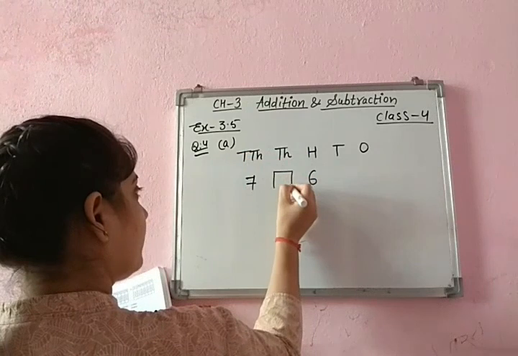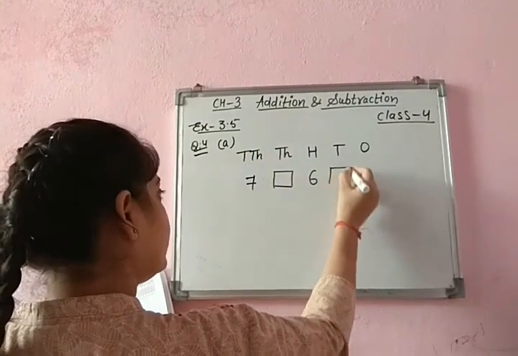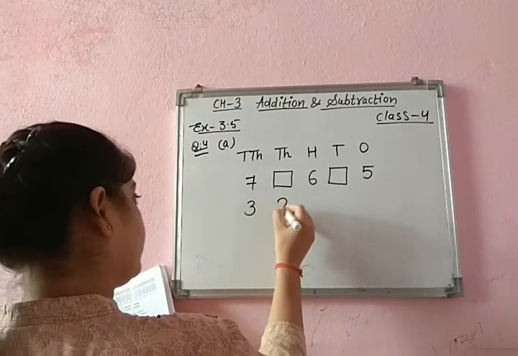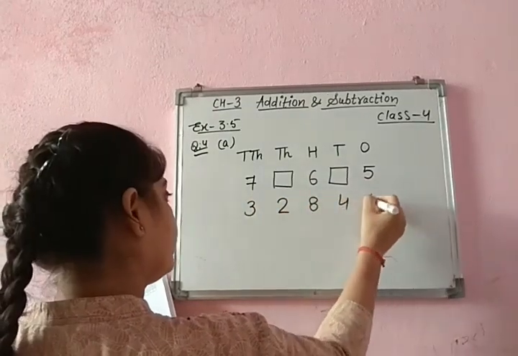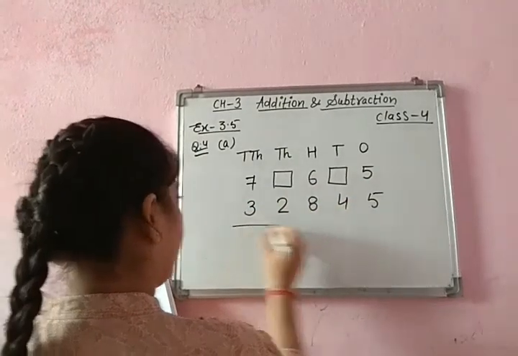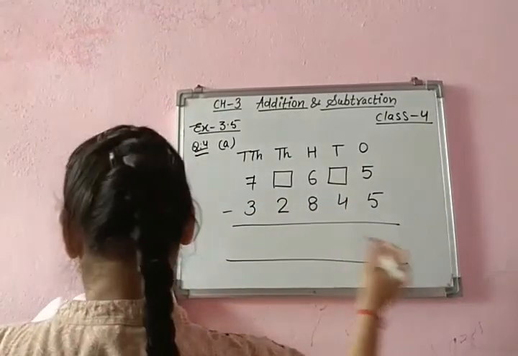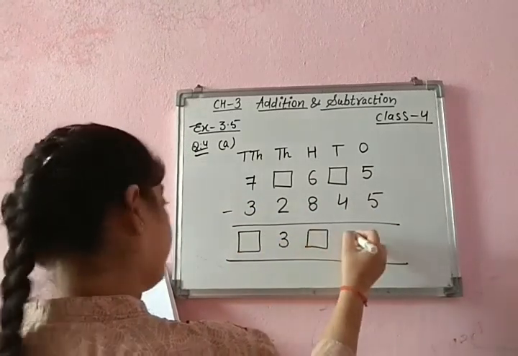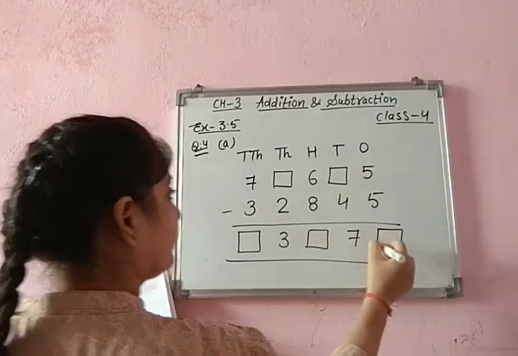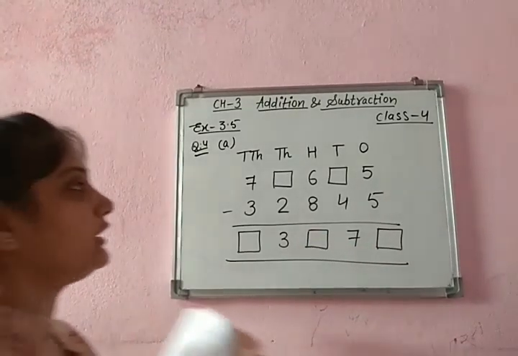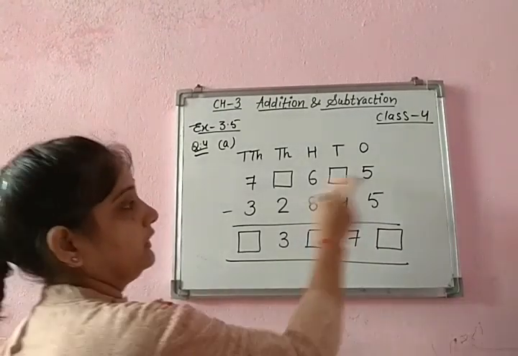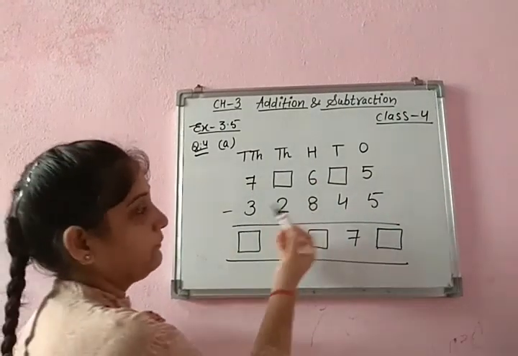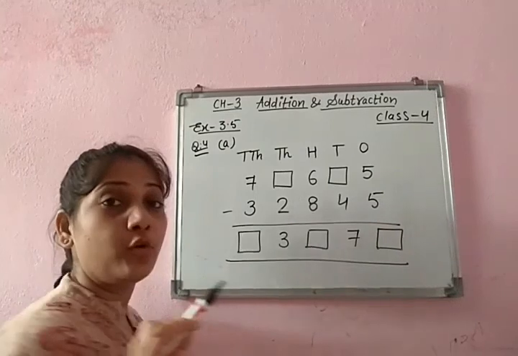Then there is one empty box, another one, and then 5. And in the difference, there are certain places blank. I hope the question is clear to you that this is minuend, subtrahend and the difference.